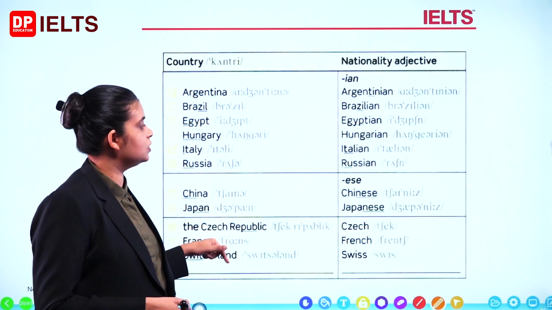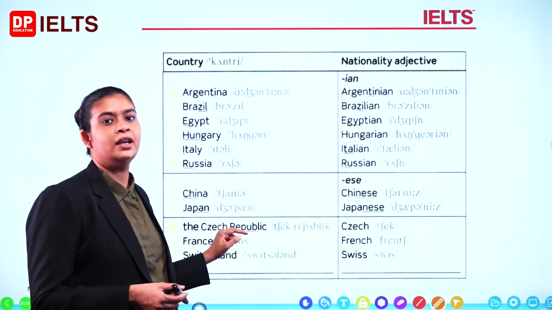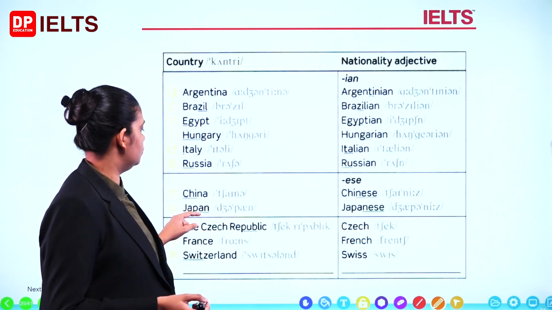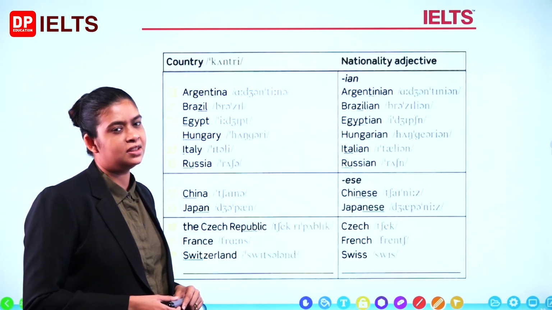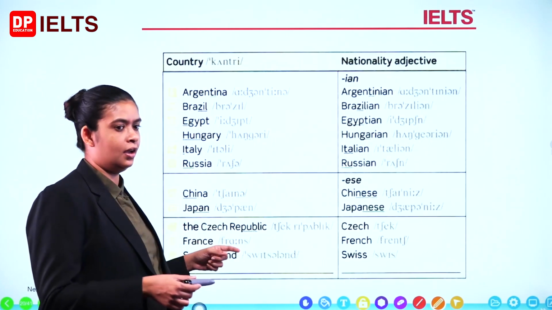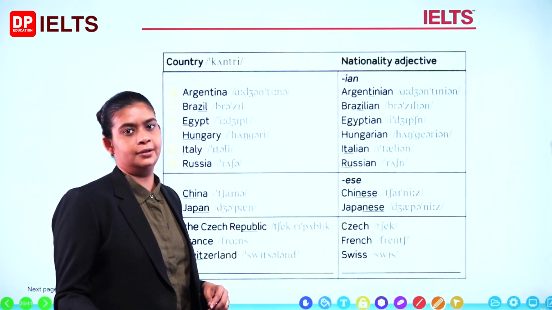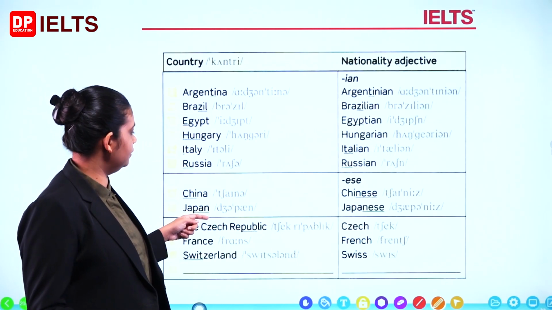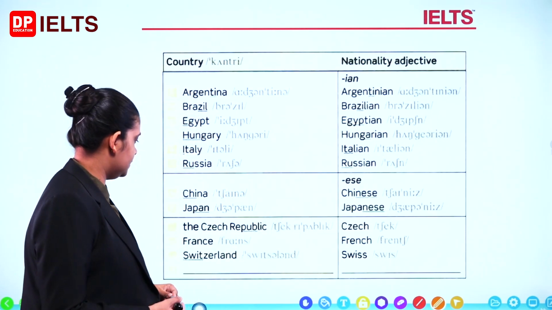China, Chinese, not Chinese, Chinese. Now this is Japan, not Japan. It's Japan. In Sinhalese, it's Japanaya, right? So Japan, okay, Japanese, Z sound.